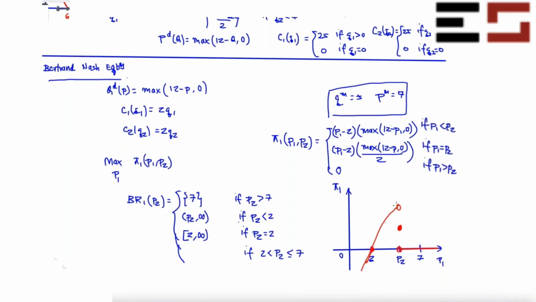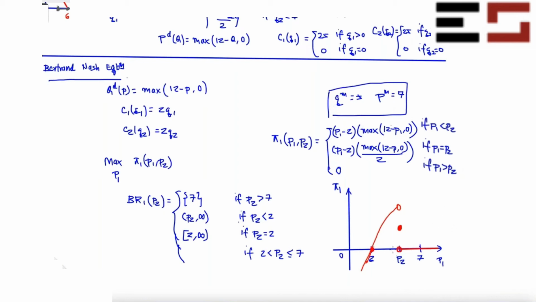Now, can you tell me where is the profit maximum? At what value of P1 is the profit maximum? You have to tell me some value of P1, right? Is there some value of P1 where the profit is maximum? Basically, this P1 doesn't exist.